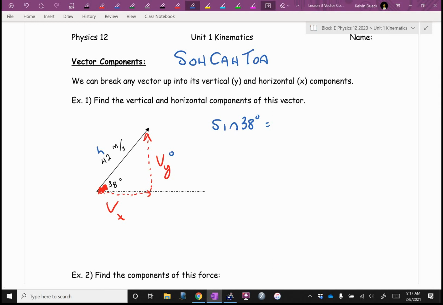More specific in this particular triangle. How would I get the Vy by itself? I'm not going to swap the Vy over. I'm happy with where it is because it's on the top. I'm going to move the 42. Vy is going to be 42 sine 38.